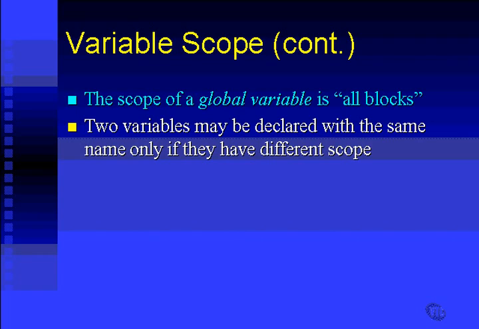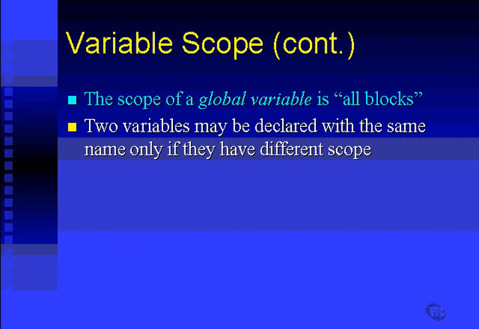and things will work. Furthermore, let's say you had a global variable called count, and you could have another count within a function. So you could have a global variable called count, and you could have a local function-wide variable called count as well. And that is allowed.